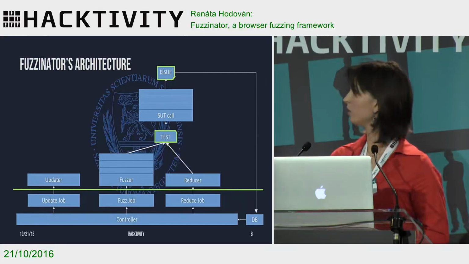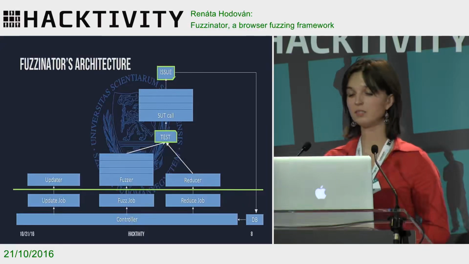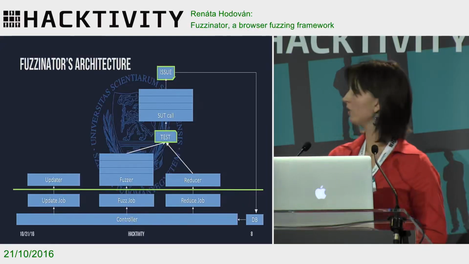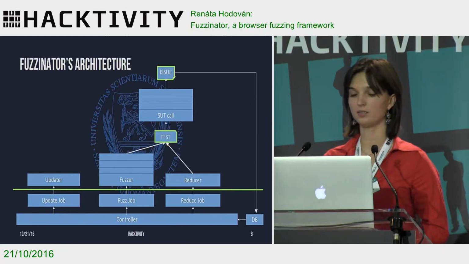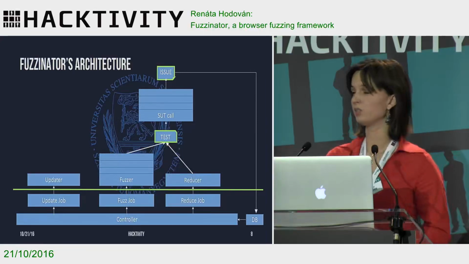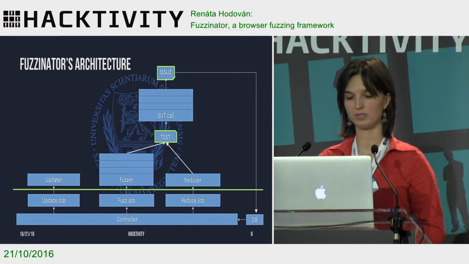For this check, we use again the SUT call basic block or building block to ensure the same environment that we had during fuzzing. Furthermore, it also makes it possible to capture those bugs that were revealed by the test case reducer, and these newly revealed bugs will also be saved and scheduled for further processing.